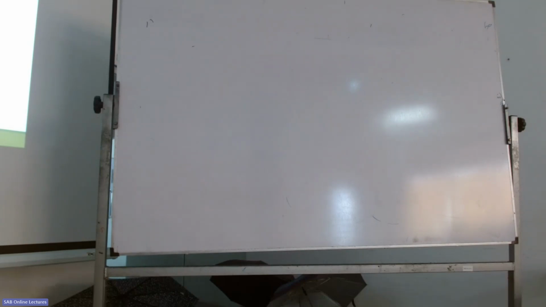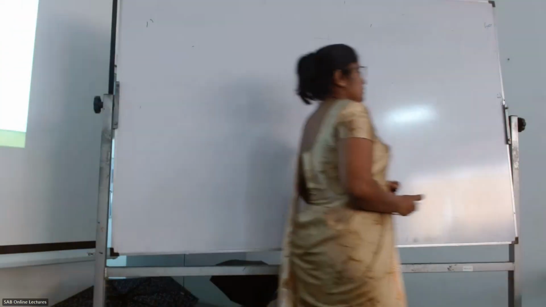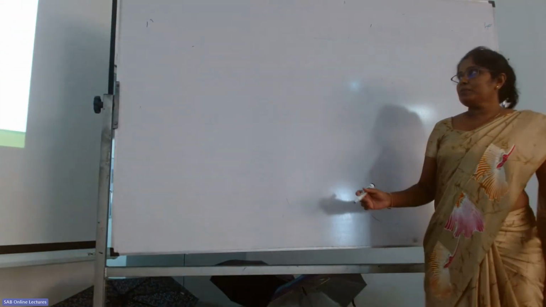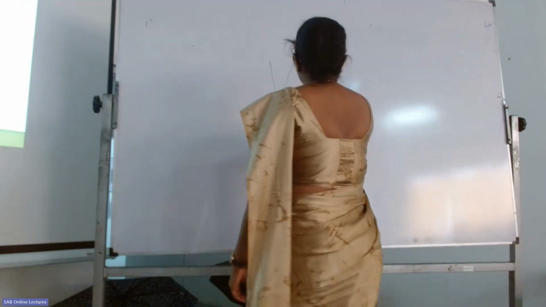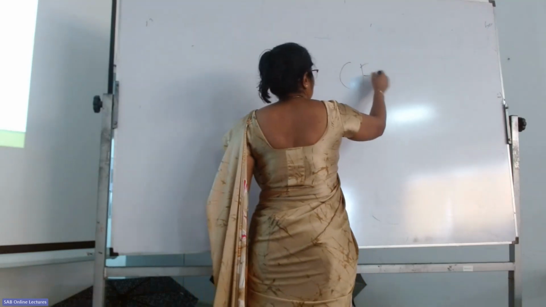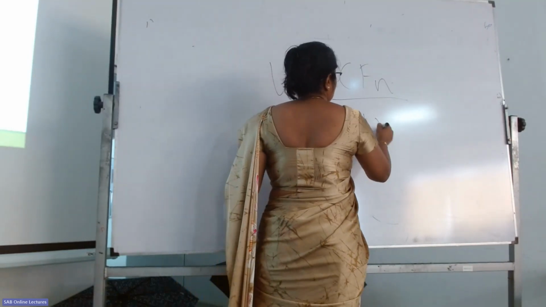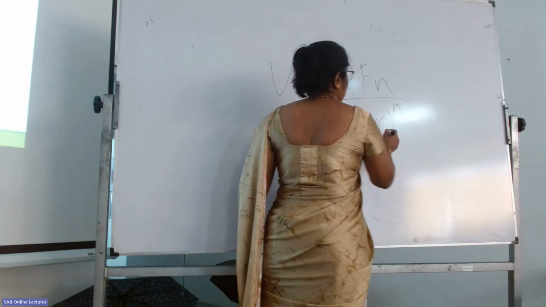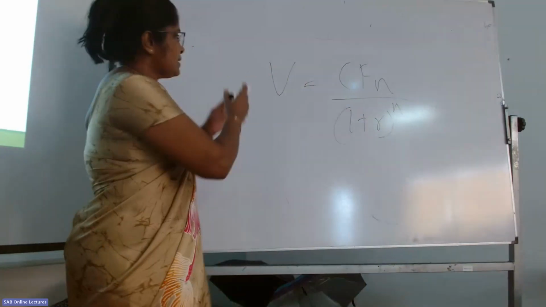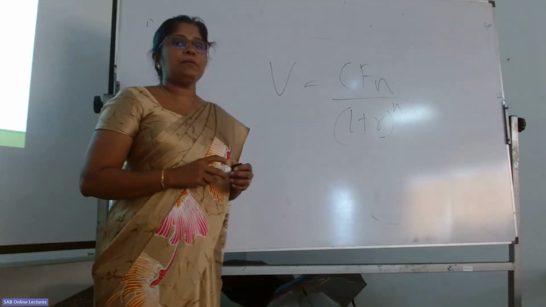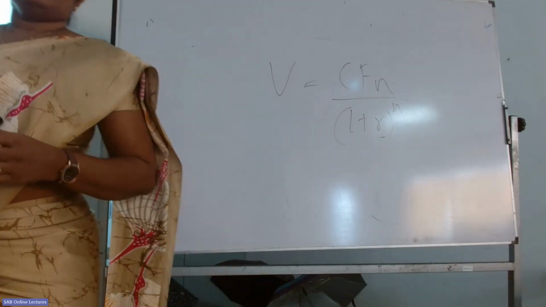You can remember the model for the calculation of value: value is equal to the cash flow expected at some future date, discounted using some discount factor. So this is the basic model for the value calculation.